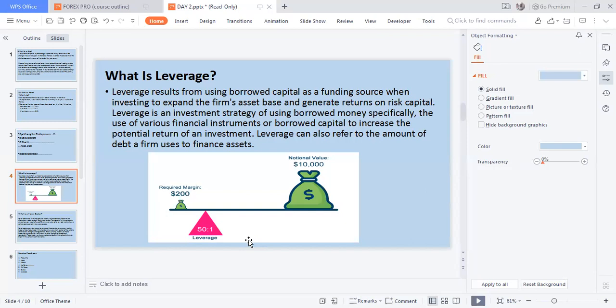The brokers will come to you as Mr. John and say, Mr. John, we know you don't have much money in the forex market, so we are going to give you a leverage of 1 to 500. What that means is that leverage will boost your money up in the financial market.